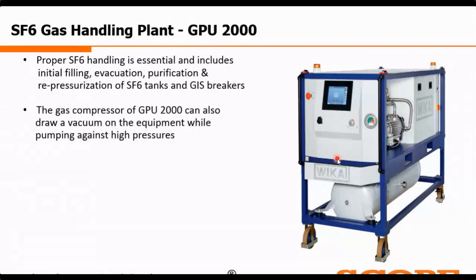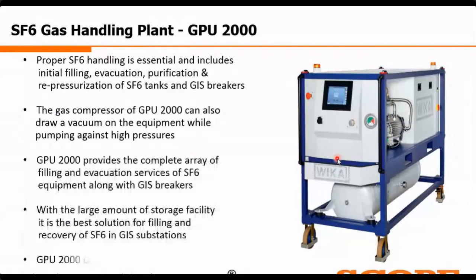The GFU10 has the single purification system, whereas in GPU 2000 we are having the double purification system. So the filters, the purifiers, we are having the double purification system here. Now you can use this instrument up to 765 kV GIS.